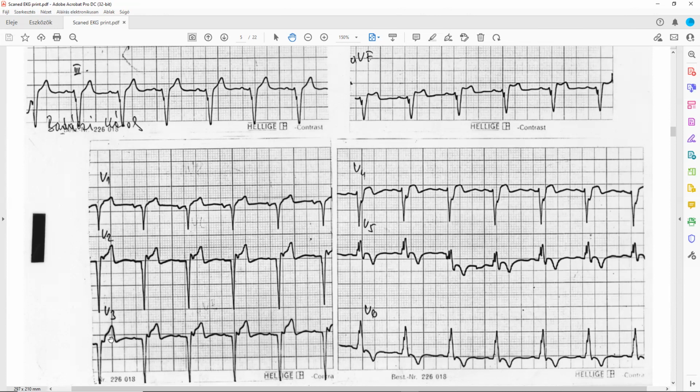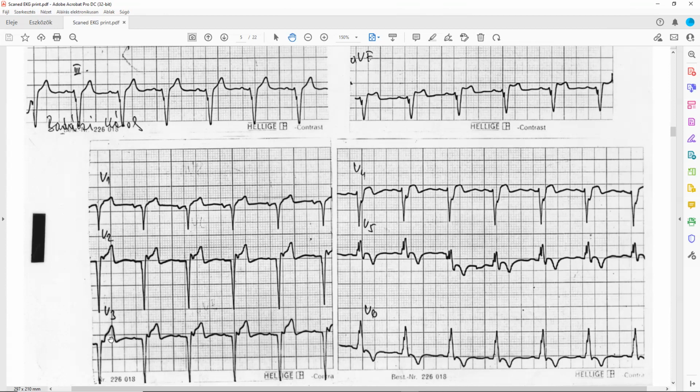But if you do have a left bundle branch block, what kind of QRS complex are you expecting in V1, V2, V3 on the right side? What kind of complexes? QS complex, because the septal activation is abnormal.